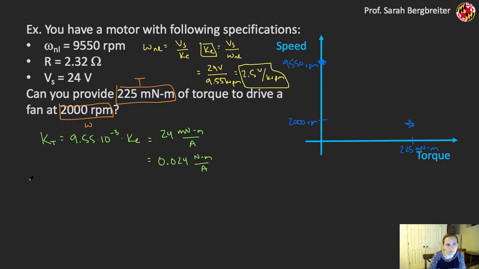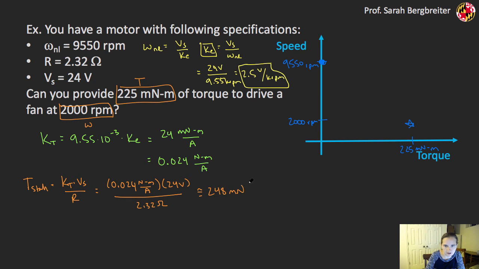So one approach at this point is to compute the stall torque. So if I'm computing stall torque here, I'm going to have my Kt times my Vs divided by R. And this gives me approximately 248 millinewton meters here.